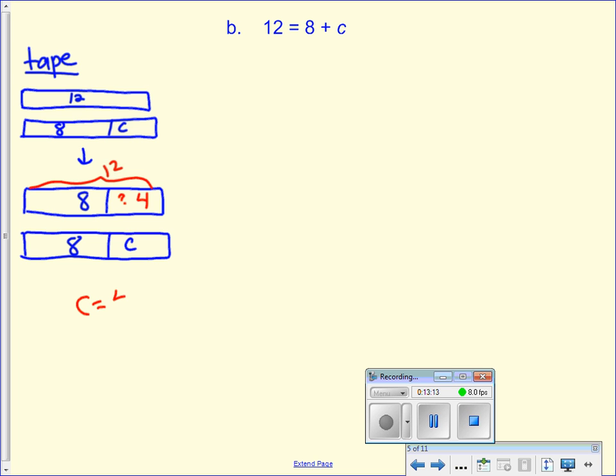So C equals 4. They match. Any questions on where any of those numbers came from or how I drew anything? Now let's try it algebraically.